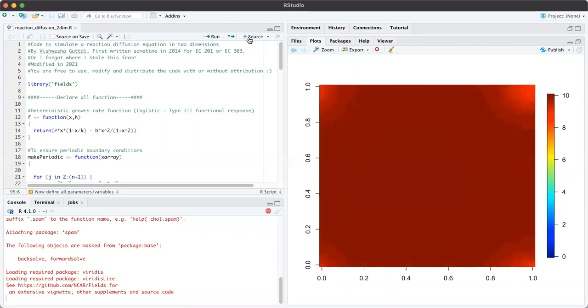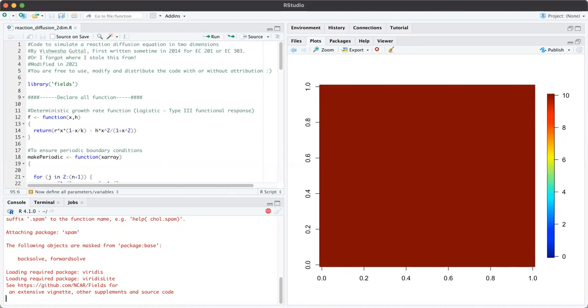So what I had done was I had initially planted population density K in 1 pixel, only in one site of the 50 by 50. 50 by 50 means there are 2,500 grid cells, of which only one cell had a population density of 10. Every other site had a population density of 0. That was the initial condition.